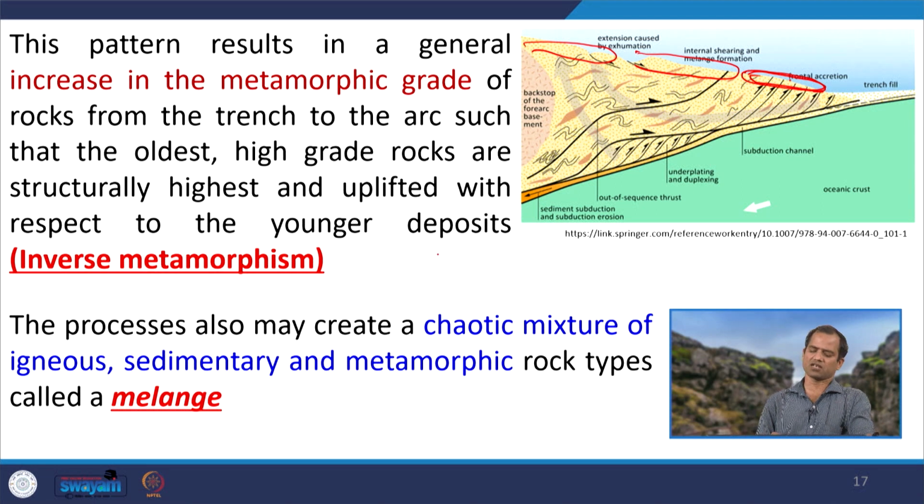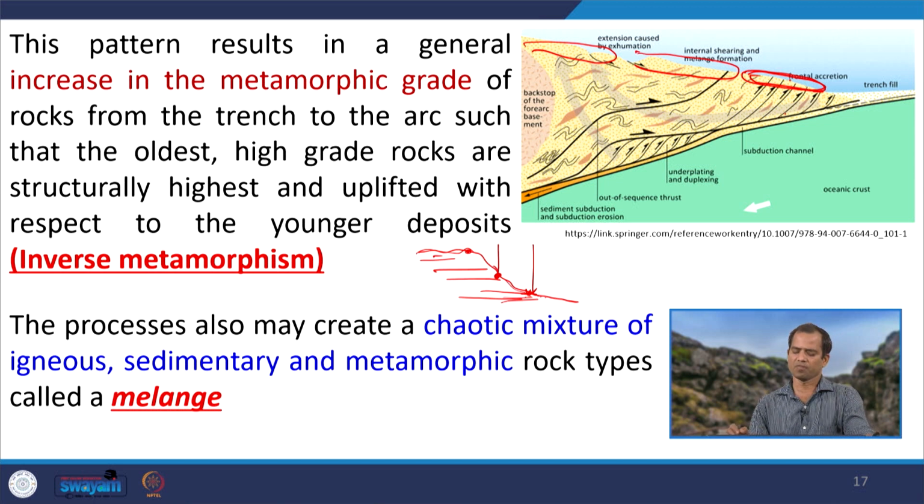In a normal stratigraphic sequence, as a profile I am drawing, at the lower side you get high grade metamorphic rock due to pressure and temperature, and at the upper levels you get relatively low degree of metamorphic rock, because you are in a normal sequence.